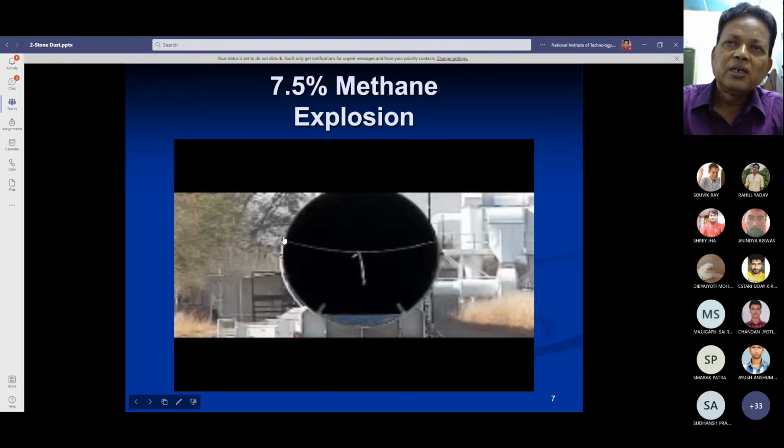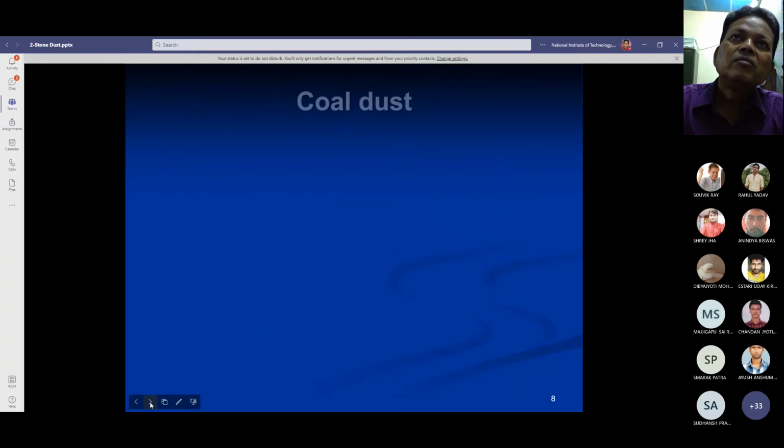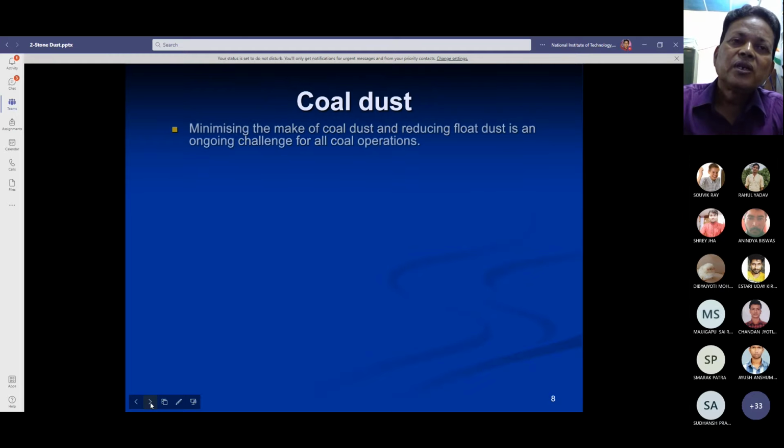So this is the gallery, and we are using coal dust for the explosion.